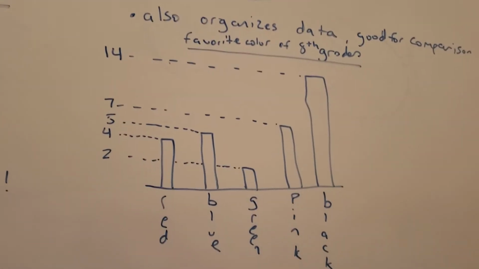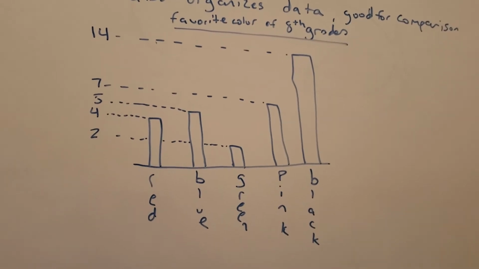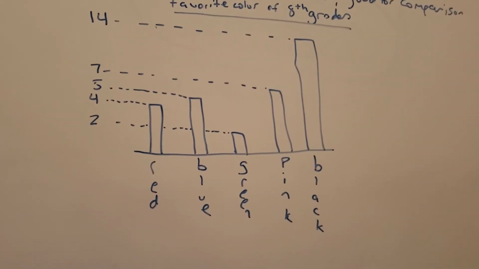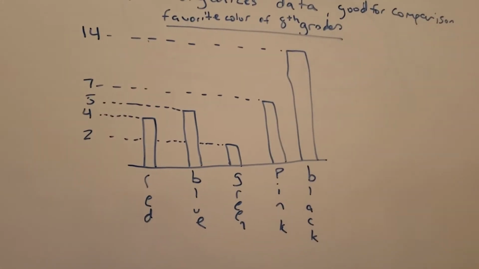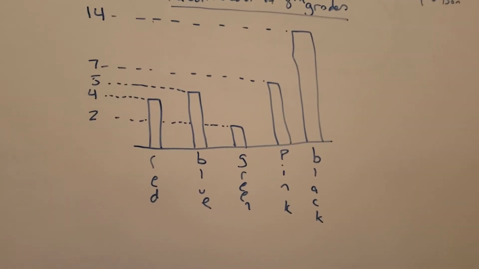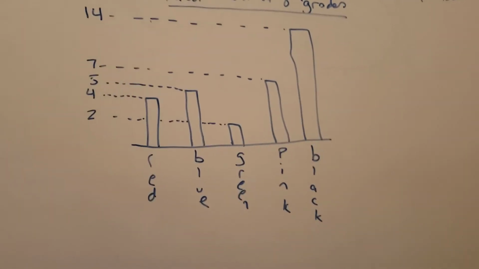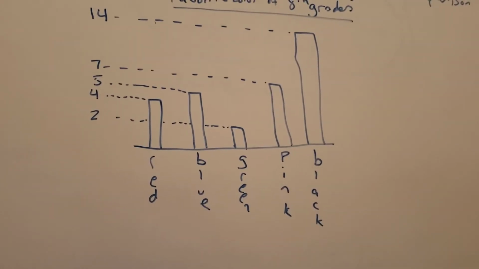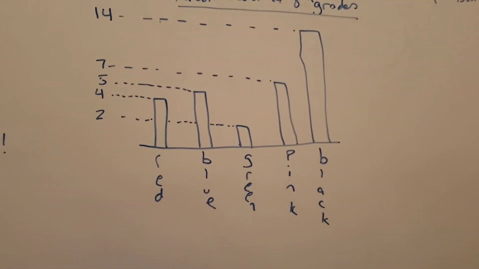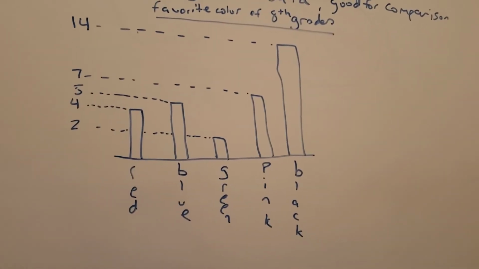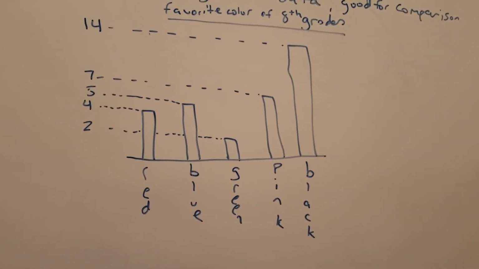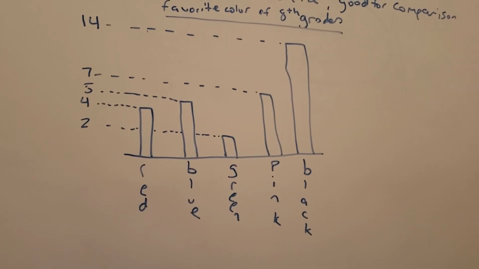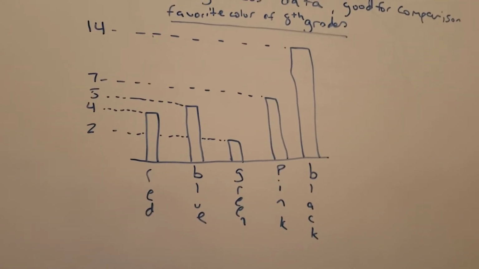So here I made a quick little bar graph of the favorite colors of 8th graders. Now this is not from real data, I just made it up on the spot, right? But we've got a couple different options here: red, blue, green, pink, and black. And as you can see, black was the clear winner, followed by pink, and then blue, and then red, and then green. So you can see based on the length of these bars which one won, which one was close, which ones were contentious.